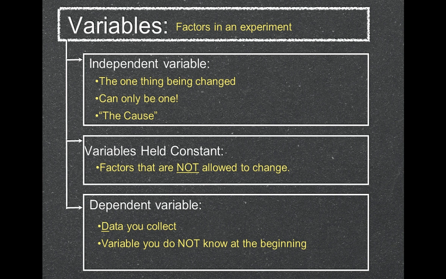I did know how much vitamin C I was giving each mouse, but I didn't know the mass they were going to be at the end. So you don't know the dependent variable ahead of time. It's something you find out as your experiment's going along. Think of it as the results of the experiment.